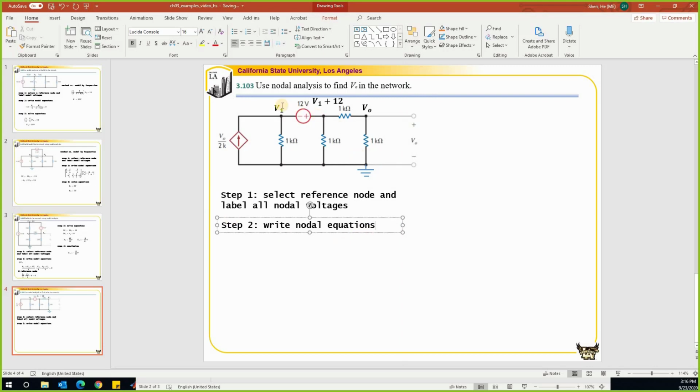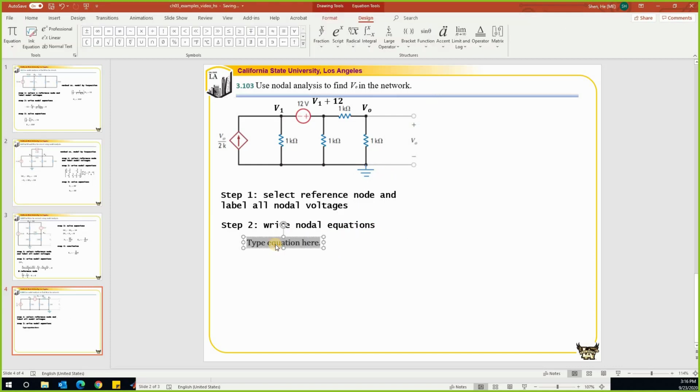We can't use V1 and V1 plus 12, right? Because of the voltage source there. That's a good catch. So we cannot do it here. We cannot do it here. And if we do it here, we get very limited information because we already know the relationship between VO and V1 plus 12 by using voltage division. So there's only one, the reference, left. Right? Yeah, perfect. So we're going to write a nodal equation about the reference point.